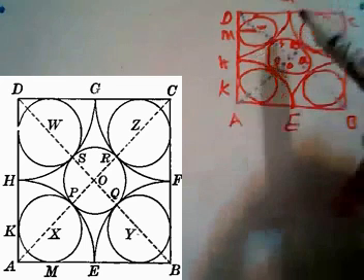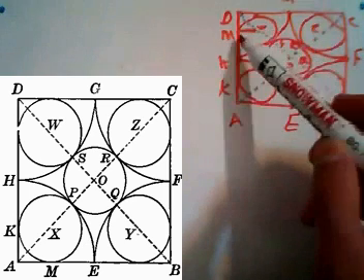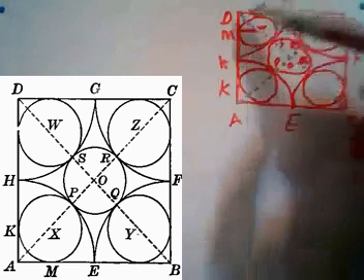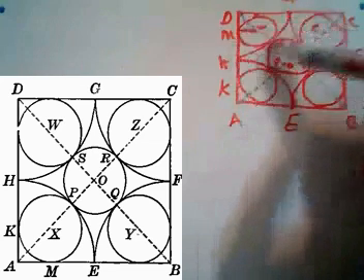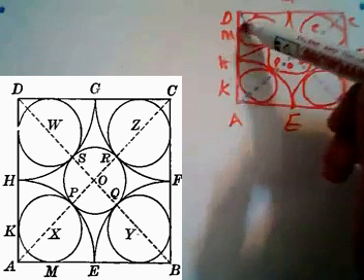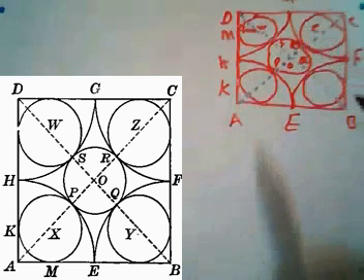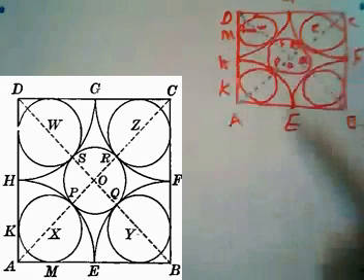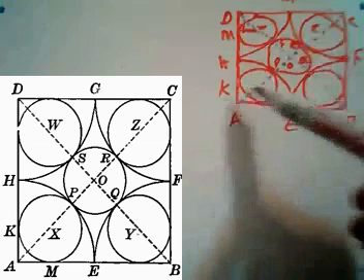So we just connected W to the point of tangency. Since DA is tangent to the circle, this angle should be 90 degrees. I proved that before. And ABCD is a square, so these angles are 90 degrees also.